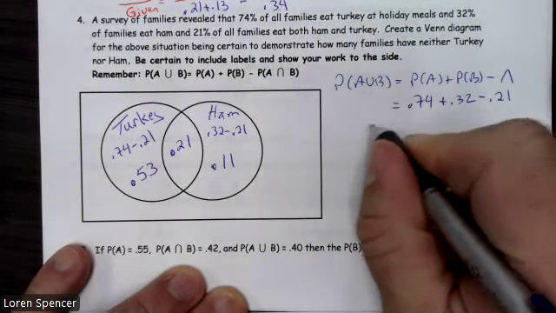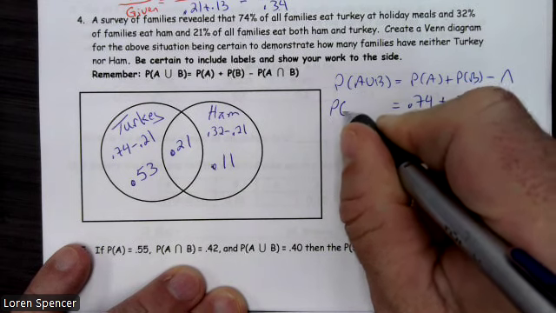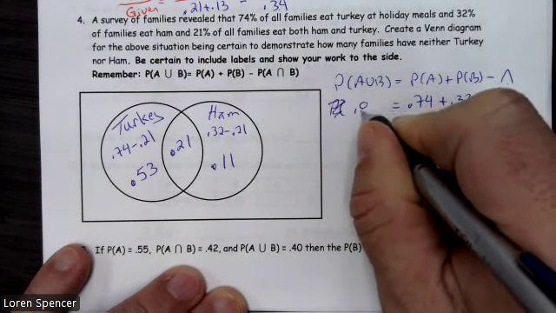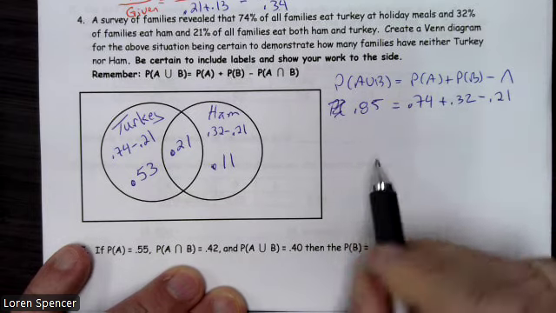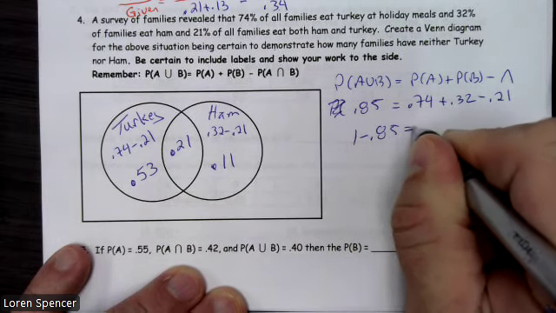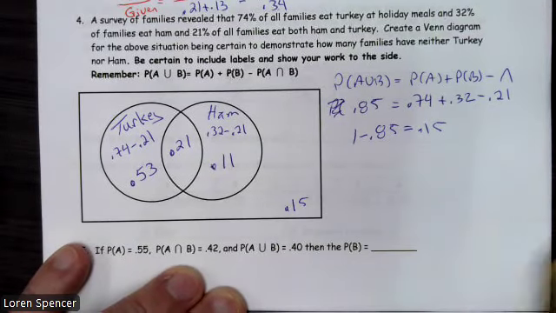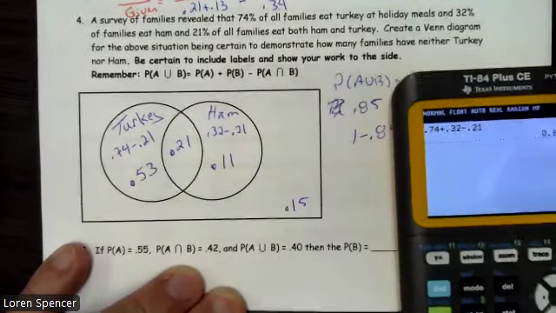So the probability of them eating one or the other or both is 0.85. Well, if I go 1 minus that 0.85, I'm going to get 0.15, and that should be the probability of eating neither. So let's add up all these values and make sure they add up to 1.